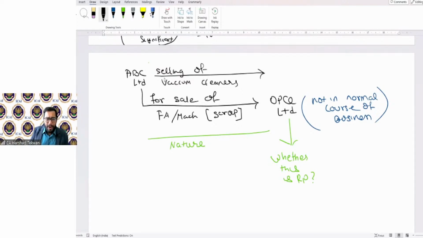Now, when the auditor went and checked in detail, it came to know that this particular fixed asset was bought in 2020 and sold in 2021, within 1 year.